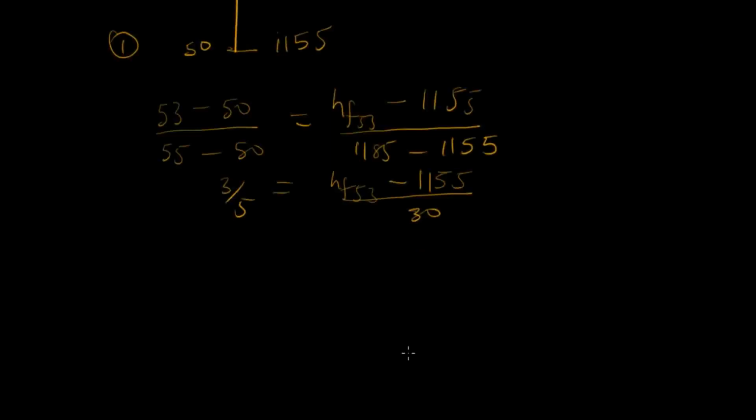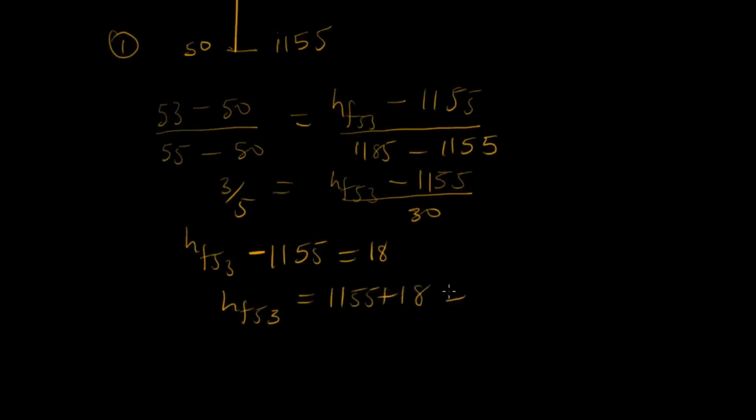Now collecting like terms, we have that HF53 minus 1155 is equal to 18. So that HF53 equals 1155 plus 18, which will give us 1173.